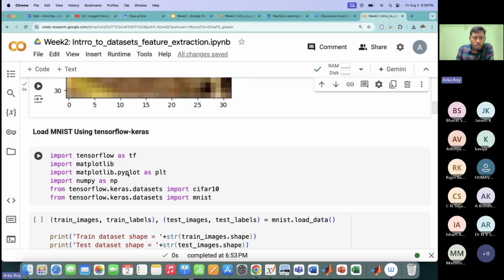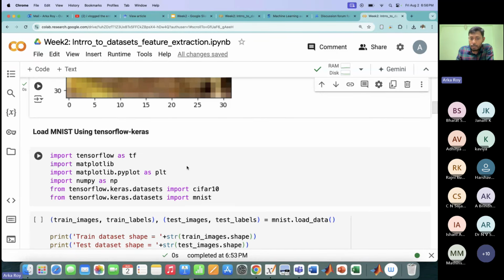Then Matplotlib pyplot and NumPy are pretty standard, we have discussed. Now, to import the CIFAR10 dataset and MNIST dataset, I have to write from tensorflow.keras. That is what I was saying, that TensorFlow and Keras have now merged. So from TensorFlow you go to Keras, and from Keras you go to the inner package called datasets.